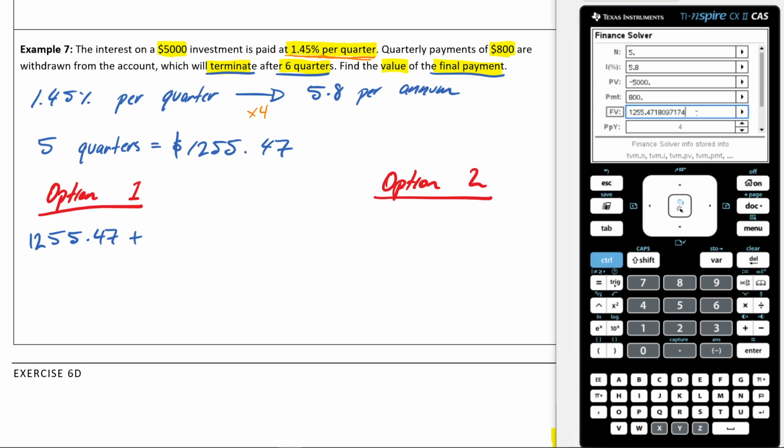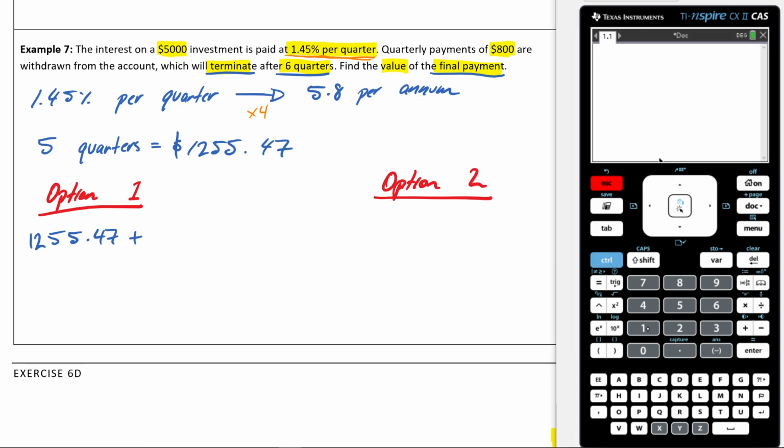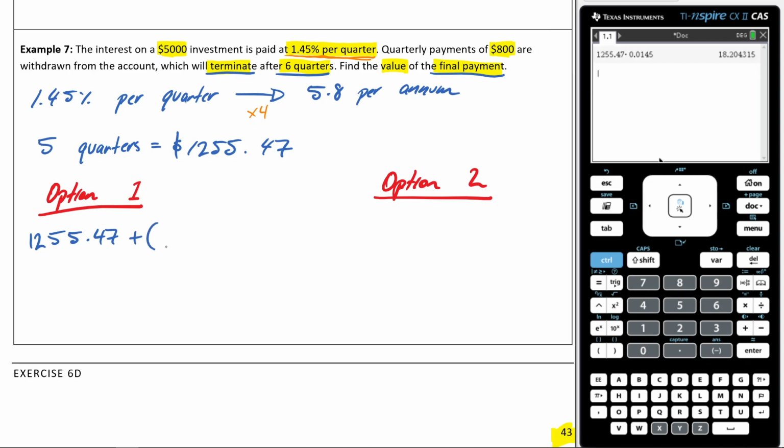So to do that, let's just get out of here for a moment. Escape. I'm going to go 1255.47. The amount of interest I'm going to earn on that is 1.45%, so 0.0145. So what I'm doing is I'm taking 1255.47 times 0.0145, and that's telling me the amount of interest that I'm earning on it.